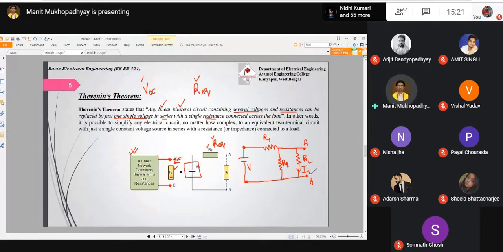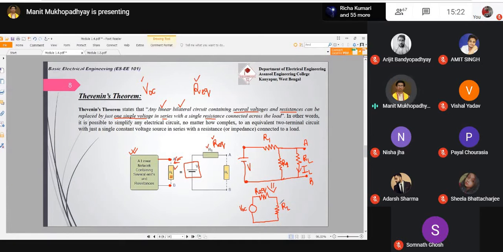Now according to this Thevenin theorem, we will reconfigure the circuit. We will construct one circuit that contains an open circuit voltage source, with this in series I connect the R equivalent, and here we connect the RL.